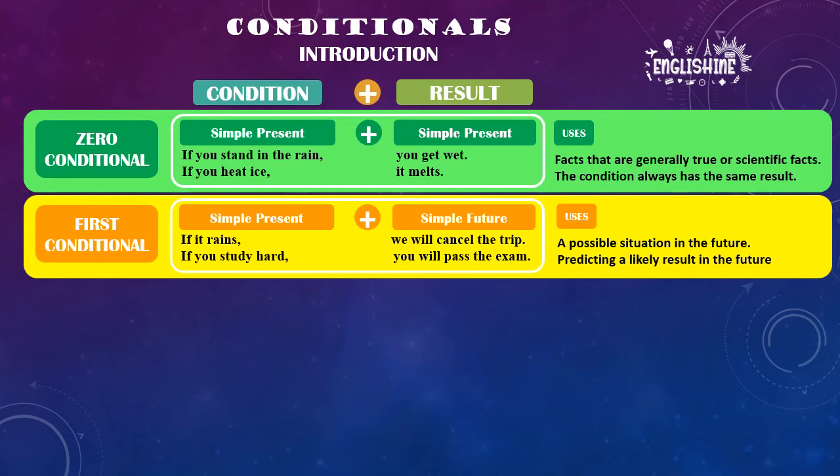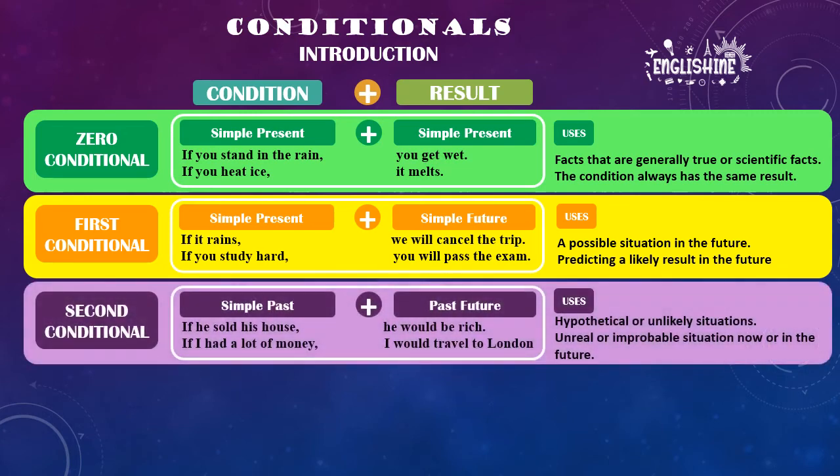For example, if it rains, we will cancel the trip. This is the likely result in the future if it rains. If you study hard, you will pass the exam. Again, I predict that this will happen in the future if you study hard.